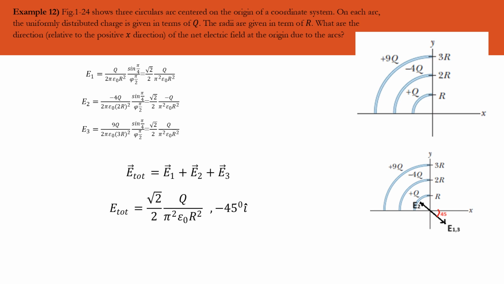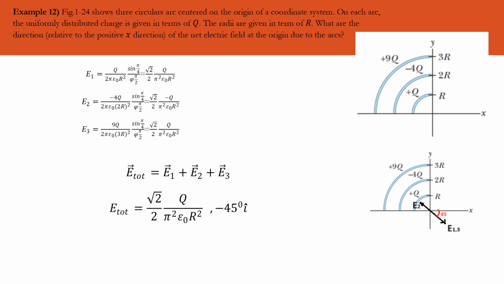Each one of these arcs acquires some charge. For example, this arc has radius r, and the angle is half pi, and it acquires positive q.